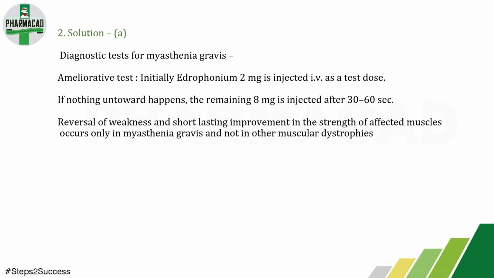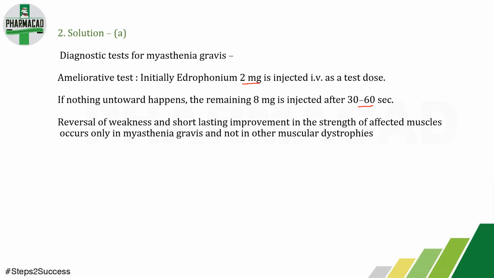So remember, for the diagnostic test of myasthenia gravis, we have an edrophonium test. Initially, edrophonium of 2 milligrams is injected intravenously as a test dose. If after giving edrophonium nothing happens, the remaining 8 milligrams is injected after 30 to 60 seconds.